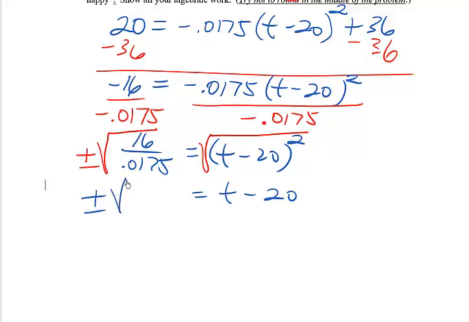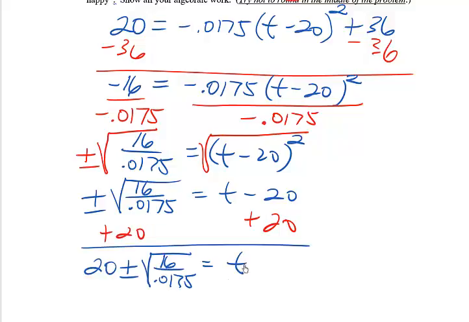I'm just going to leave that alone. And then just add 20 to both sides. And I end up with two final solutions for t, 20 plus that messy square root and 20 minus that messy square root.